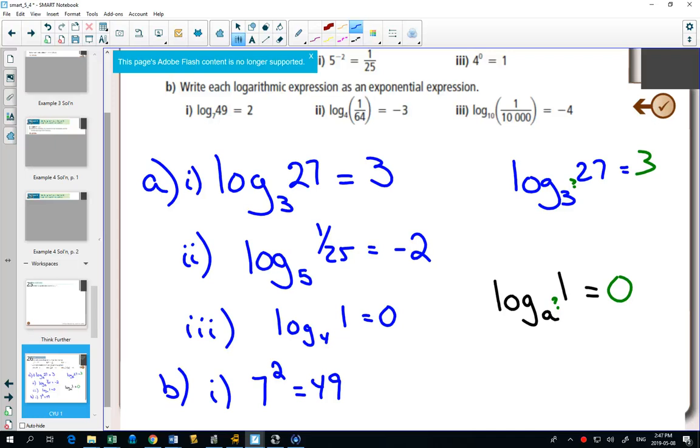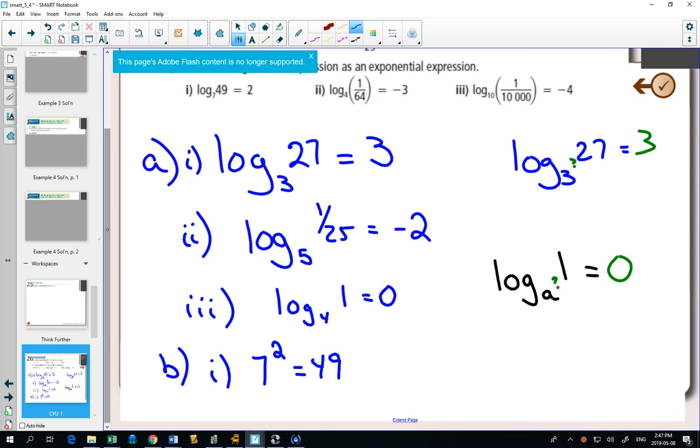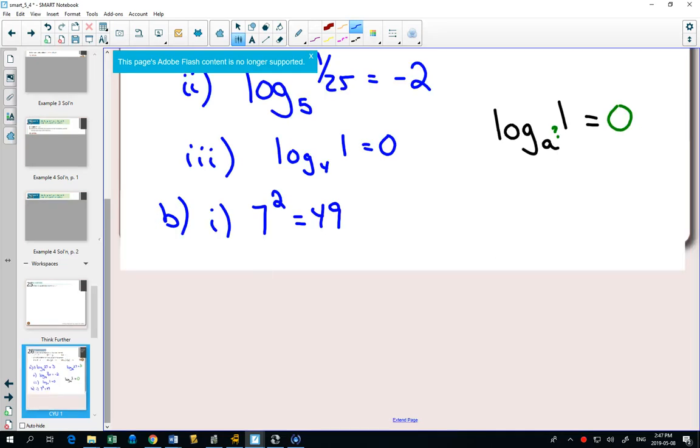Right? Log base 4 of 1/64 is -3. Does that make sense? Well, if I did 4 to the -3 equals 1/64, does that make more sense? And then you'd say, well, I'd have to know my exponent rules.